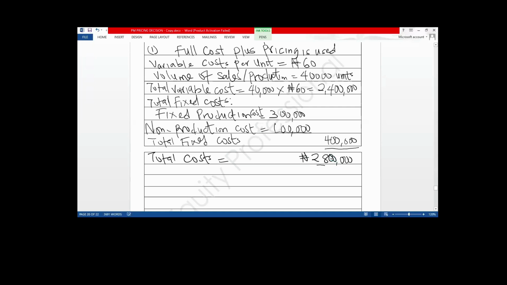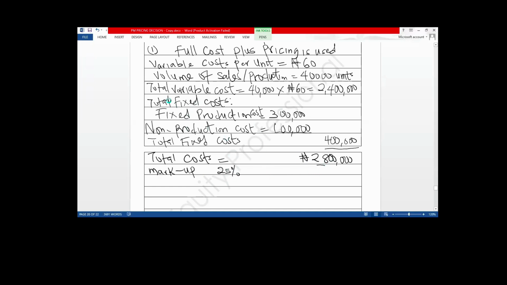We have gotten the total cost of production. Now, percentage markup will be added. What is the markup? If the examiner says full cost plus, what is the percentage markup? 25%, please. Please compute 25% of 2.8 million.